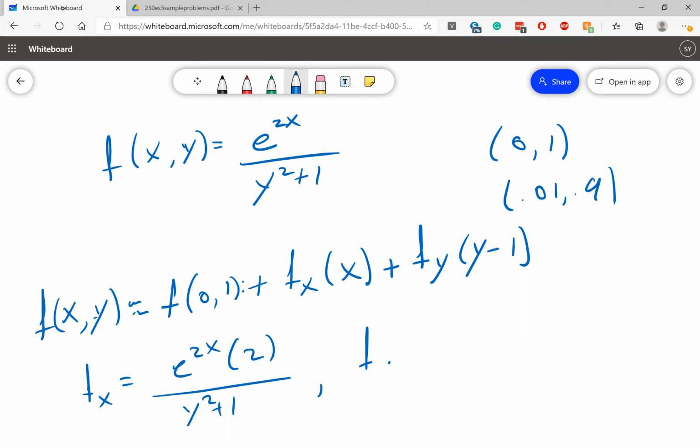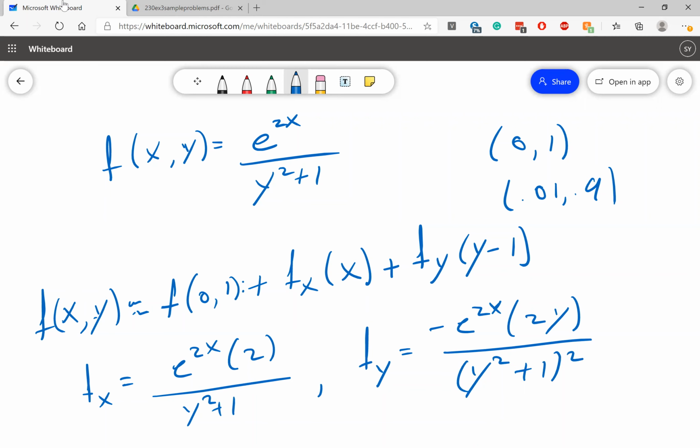The partial of f with respect to y is going to be negative e^(2x) times 2y over (y squared plus 1) squared.